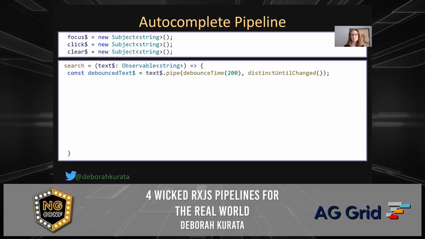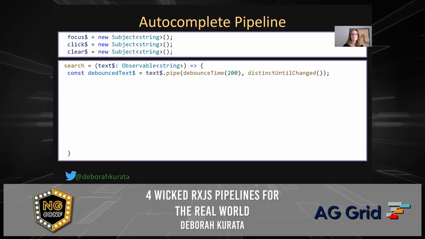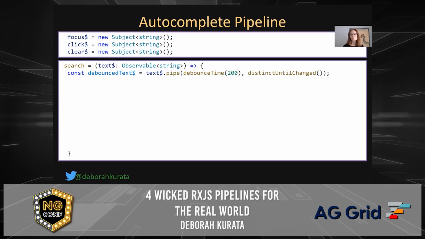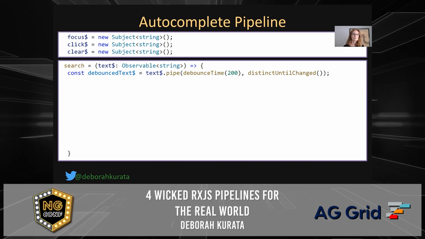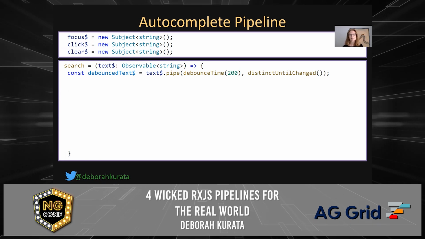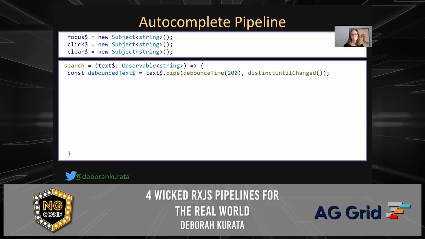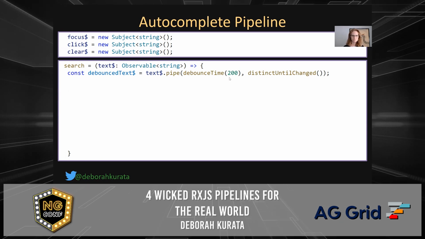It'll wait till they've stopped typing for 0.2 seconds before it attempts to do its thing here. We also have distinctUntilChanged. So if the user types SAT, deletes the T, adds the T, deletes the T, adds the T, it won't keep trying to go get it until it actually is something else.